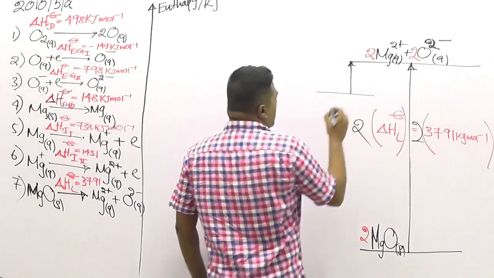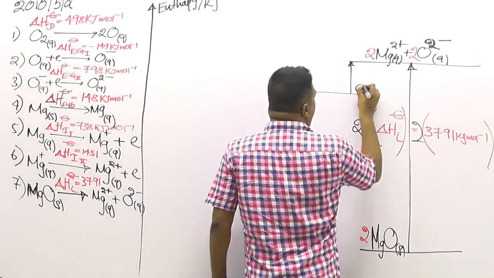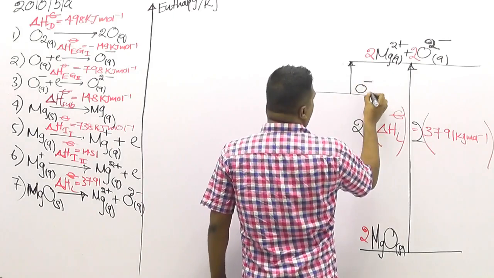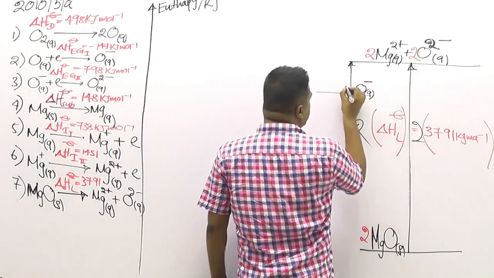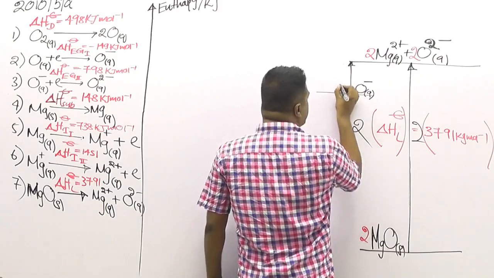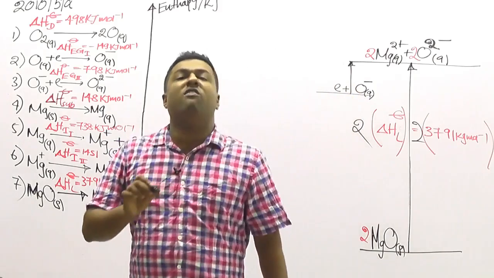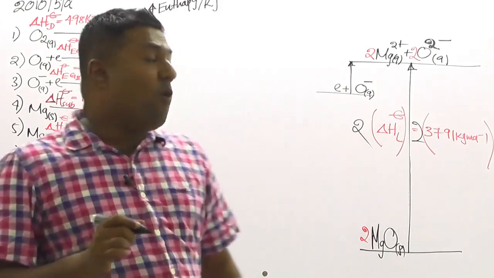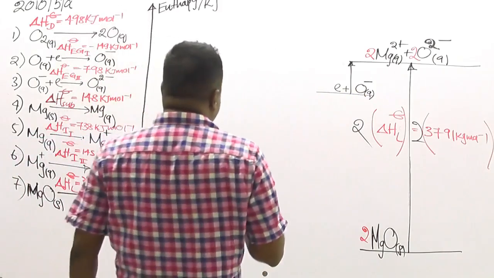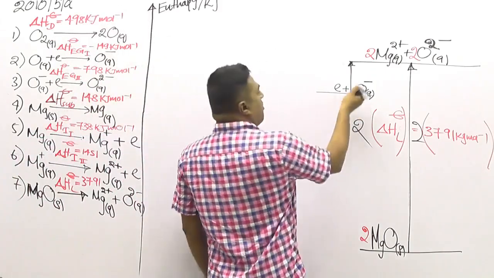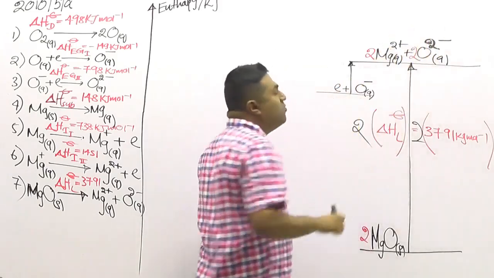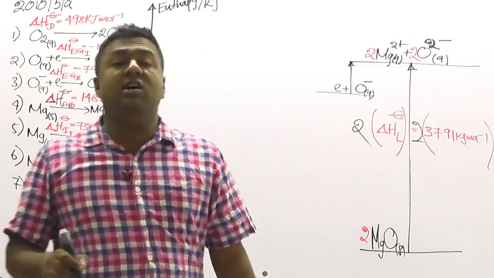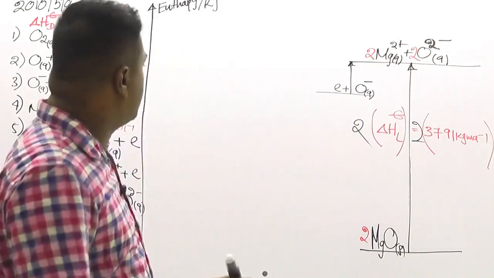So O minus in gaseous state accepts 1 mole of electron, producing 1 mole of O2 minus.